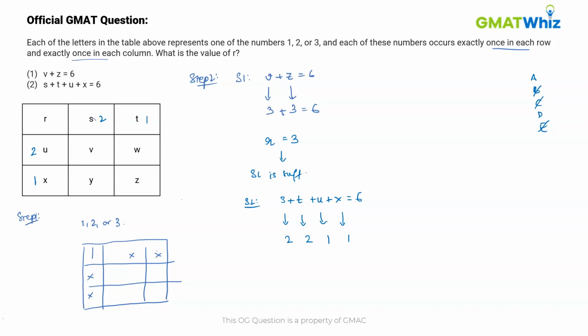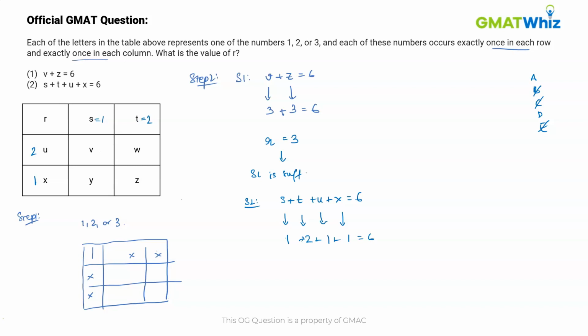And the order of 2 and 1 can change. That means S can have the value 1 and T can have the value 2, because the order doesn't really matter. We just have to keep in mind that the numbers should occur exactly once in each row. So if we add all S, T, U and X, they give us 6.